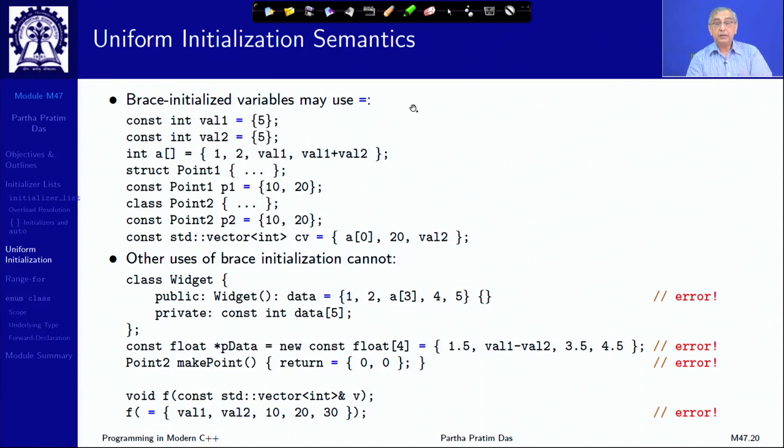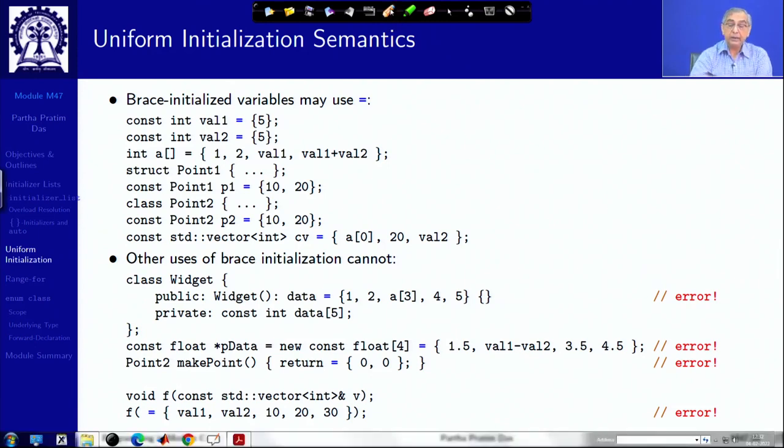There are several places where you can also use the equality symbol, the initialization symbol, as in these cases. I will not go through each one of them, these are minor syntax issues, but these are places where you cannot use the initialization symbol equal to. Right?